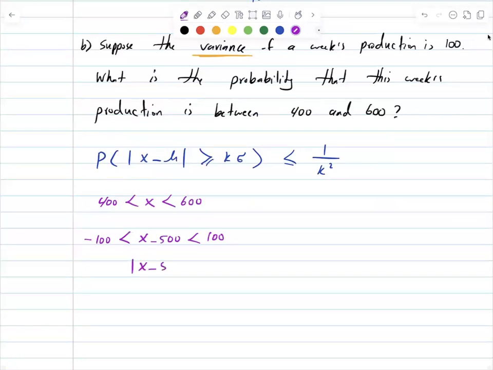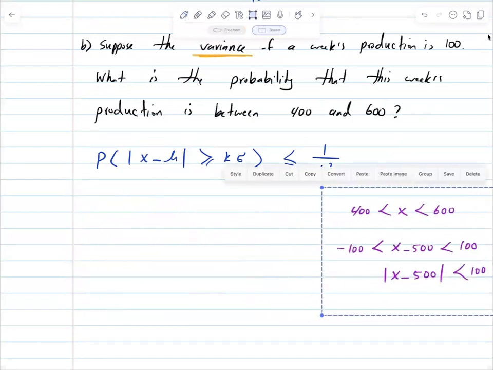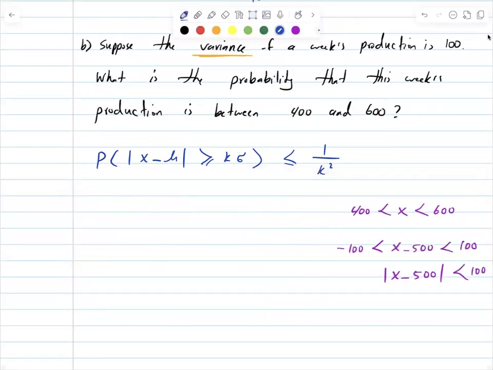So the absolute value of X minus 500, which was the mean, is less than 100. Basically, we are calculating the probability that the absolute value of X minus 500 is less than 100, which is not quite the same as Chebyshev's inequality. So basically, we need to find its complement.